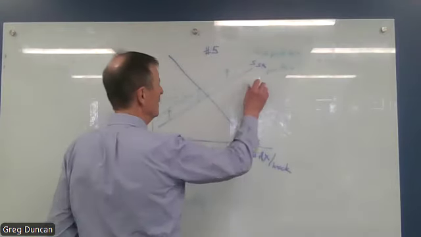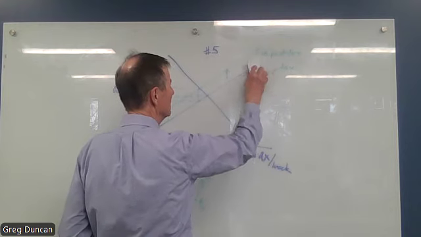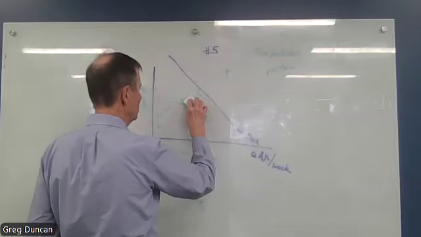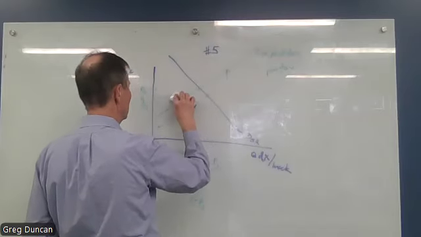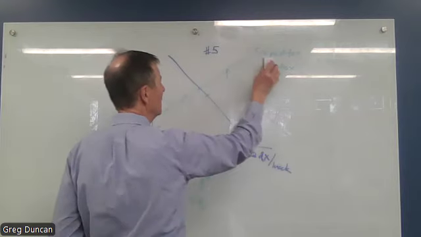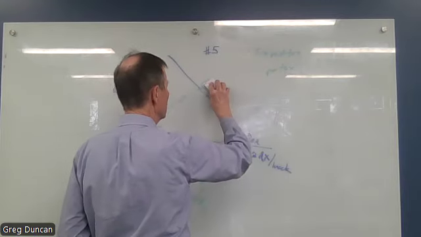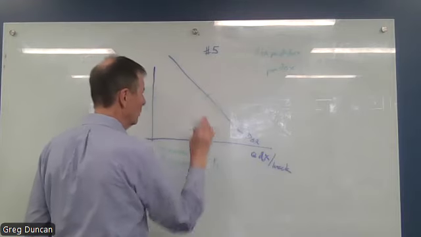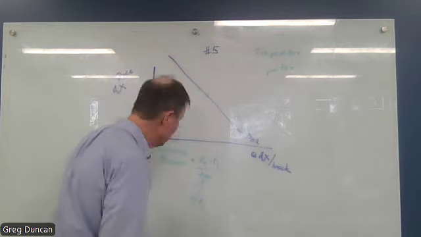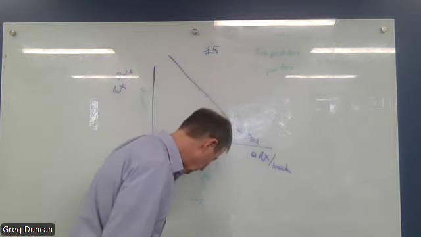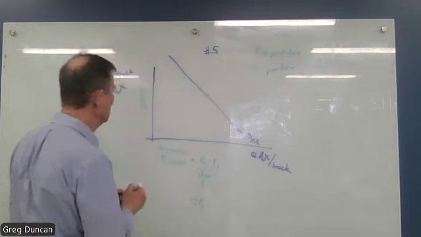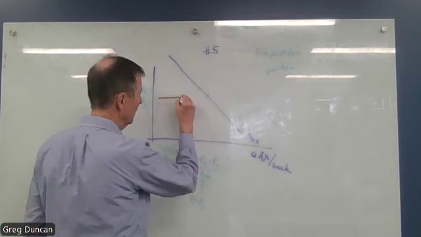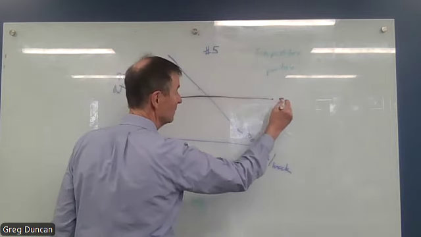So now we've got a situation where instead of an upward sloping short run supply curve, we've got a perfectly elastic supply curve.